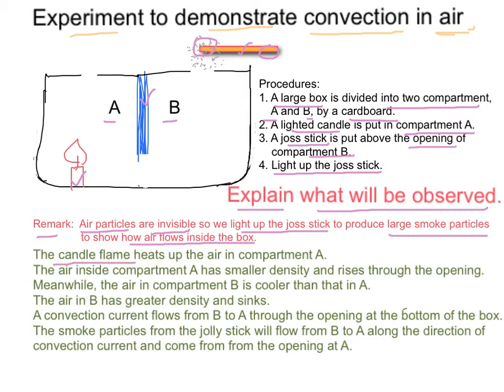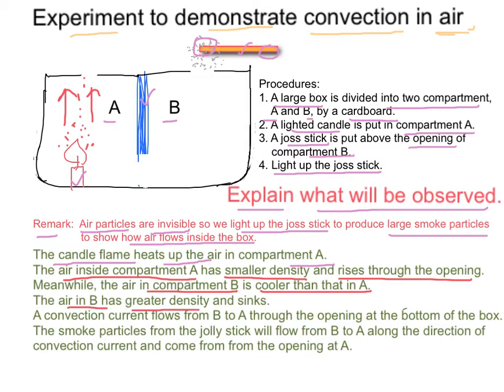The candle flame will heat up the air in compartment A. When heated up, the air inside compartment A has smaller density and rises through the opening. Meanwhile, the air in compartment B is cooler than that in A. Therefore, the air in B has greater density and then sinks.